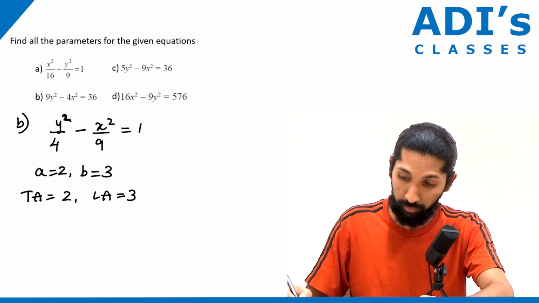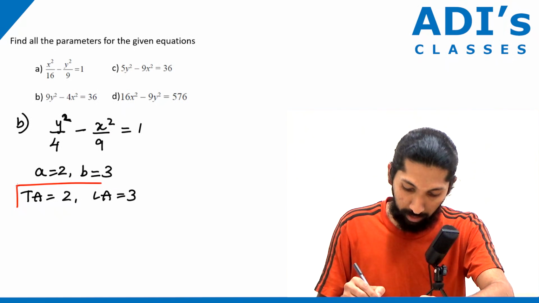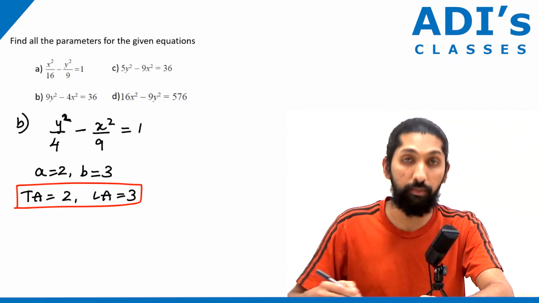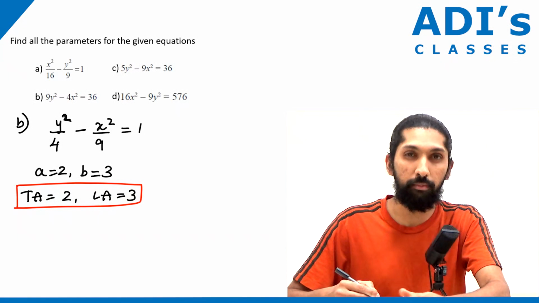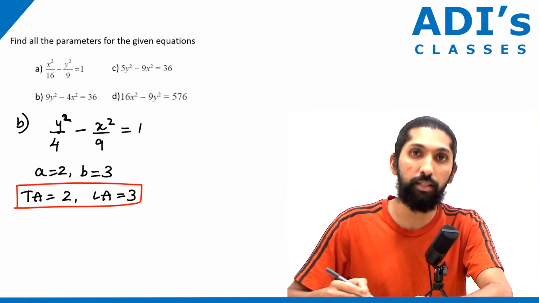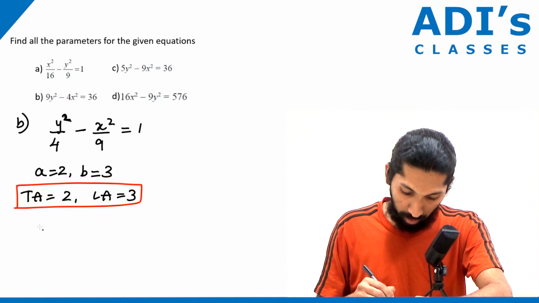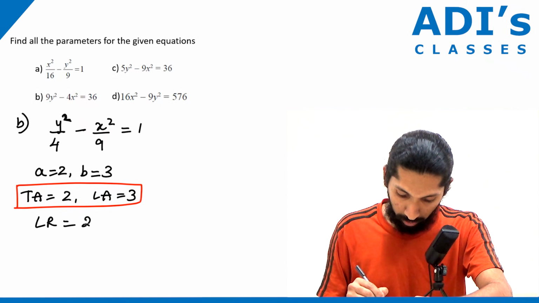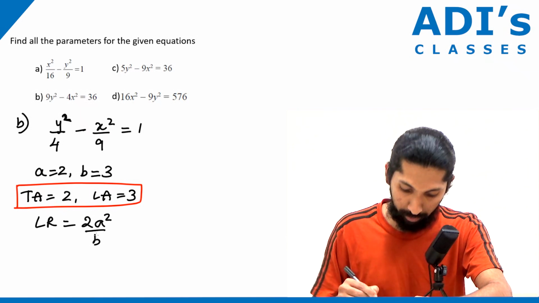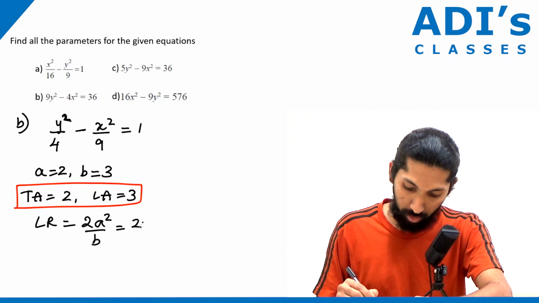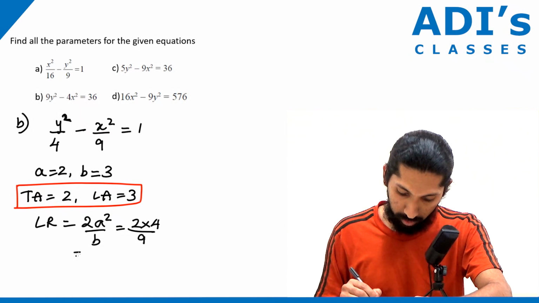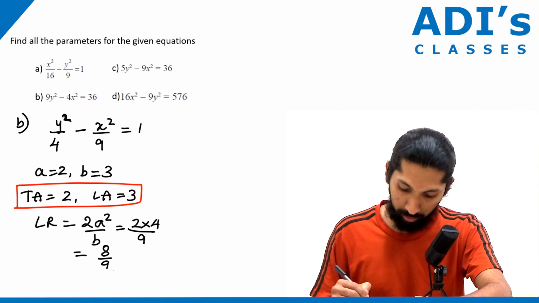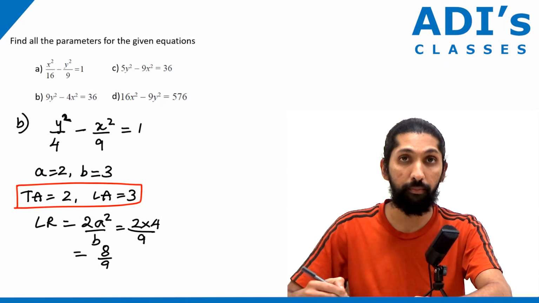Then, once we have the value of TA and LA, we'll start with the latus rectum, because it's easier to calculate. LR is given by 2a square divided by b. So 2 into 4 divided by 9, which is going to be 8 by 9 unit. So this is the LR value.